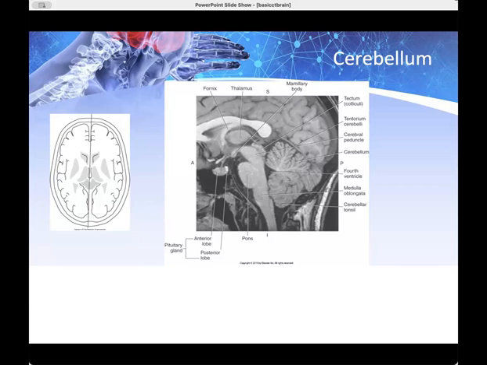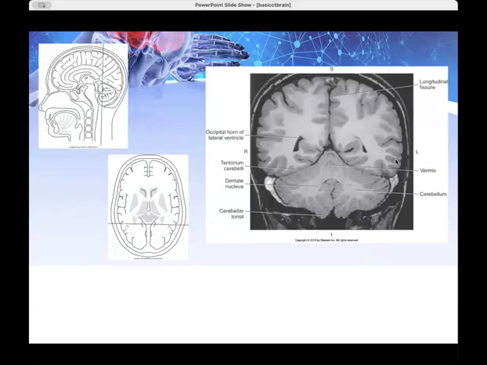These hemispheres have an interesting appearance because the folds of gray matter resemble a cauliflower. Coronal image of a cerebellum.